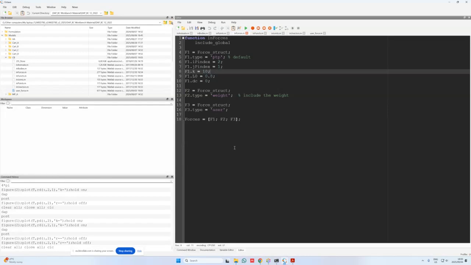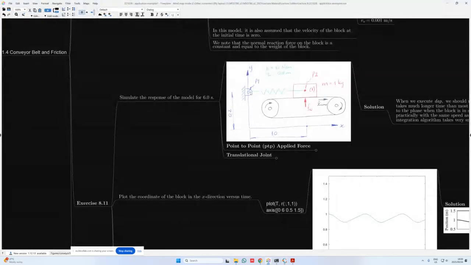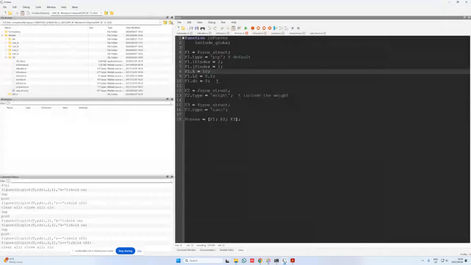So for the point-to-point force, it's going to be aligned from point P1 to P2. The 2 points that I specify over here: JP index is point 1, IP index is point 2. And then I also have K, L naught, and DC. Damping coefficient is 0, since I'm only working with a spring, so I only have the spring stiffness and the undeformed length of the spring that I specify.